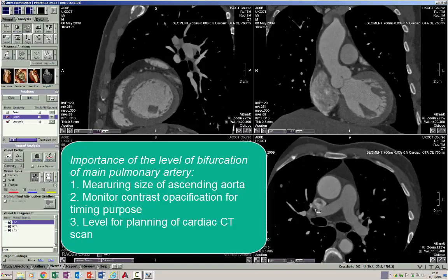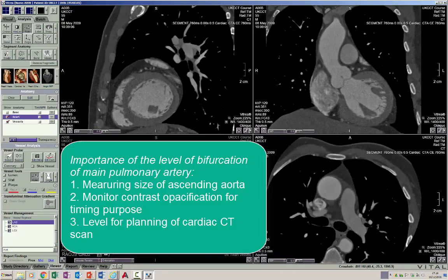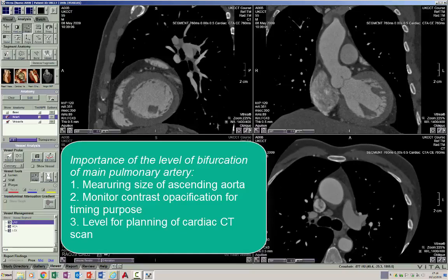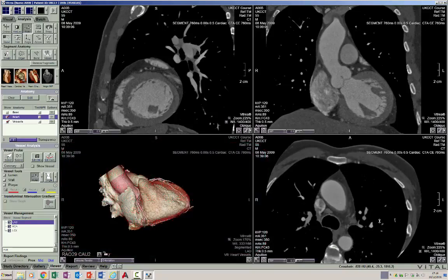And this is the level where we start our cardiac CT scan planning from. So as you go up, we will see the aortopulmonary window here. We still have the ascending aorta, the descending aorta, the SVC, different pulmonary vessels.